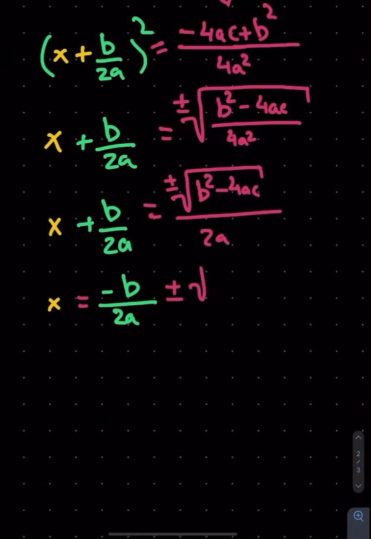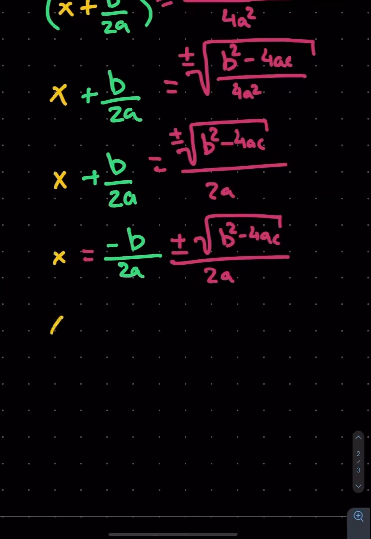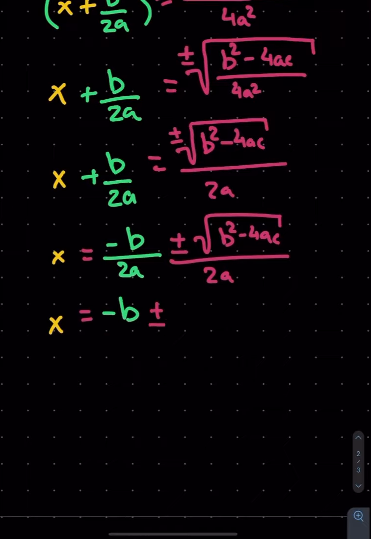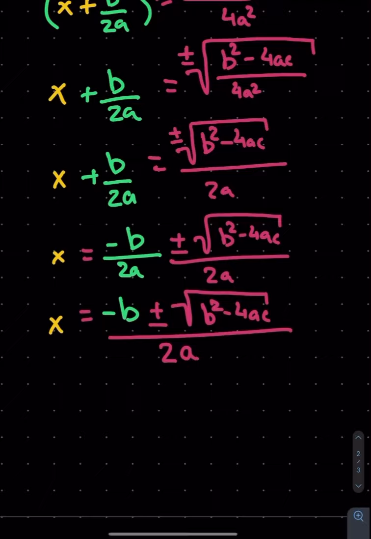It's either plus or minus the square root of b squared minus 4ac over 2a. So now we see that we have the same denominator. So we can simplify this, right? We can simplify it to x is equal to negative b, plus or minus the square root of b squared minus 4ac over 2a.